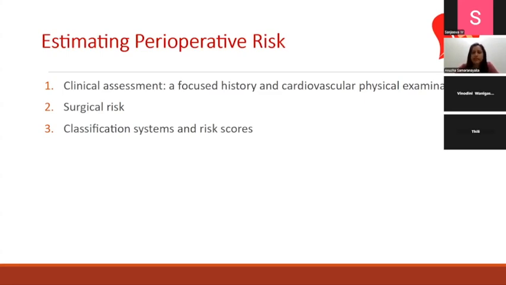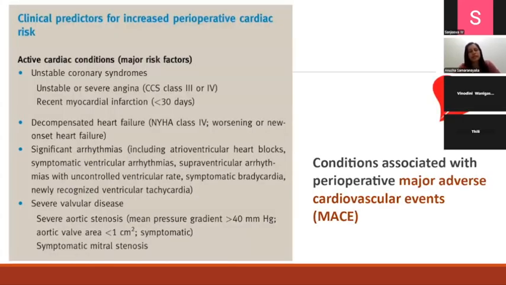So in the clinical history, in the medical background, what are the conditions associated with major risk of developing these MACE? There are four major factors which are considered as major risk factors for the development of MACE.